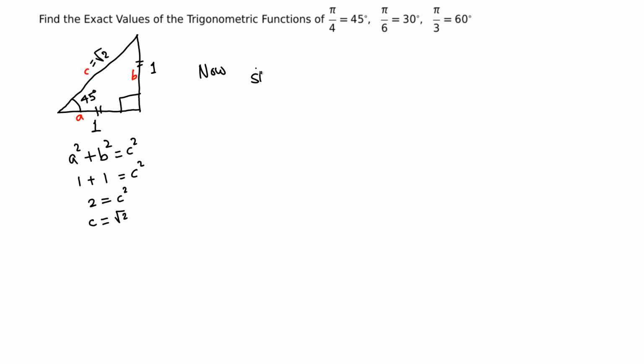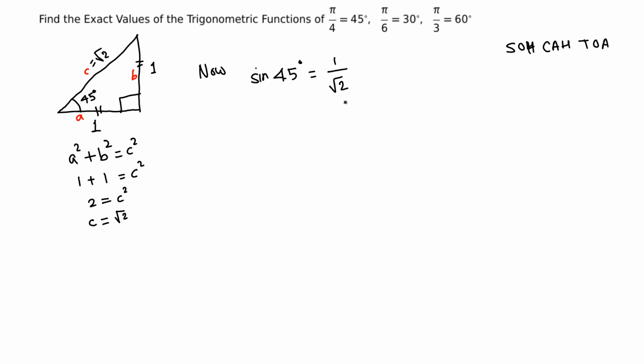So sine of 45 degrees, as we know, the SOH CAH TOA: sine is opposite over hypotenuse, b over c. So sine 45 degrees is 1 over root 2.